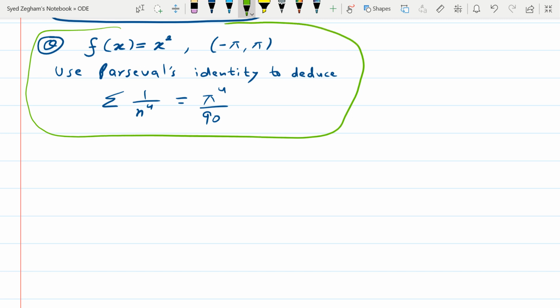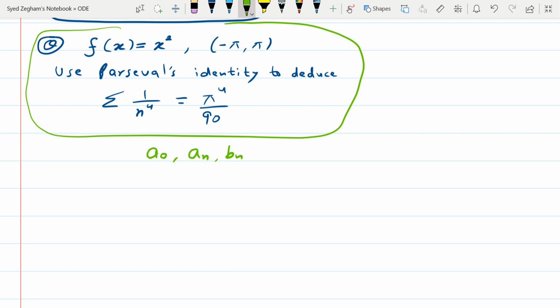So here what you have to do, for Parseval's identity, you should have the value of the Fourier coefficients a naught, you should have the value of an, and you should have the value of bn. Then only you can use the Parseval's identity, right?